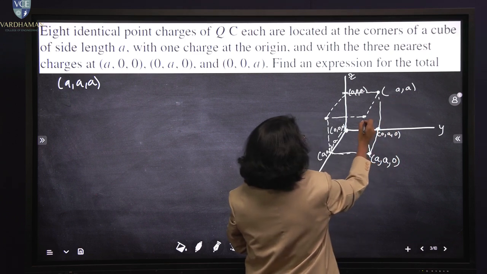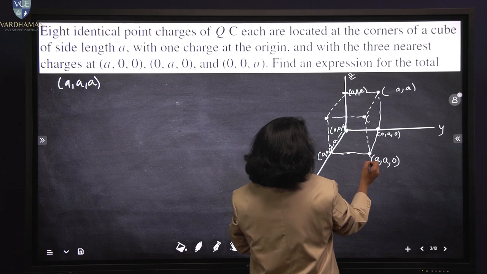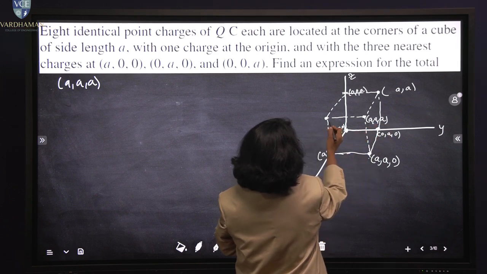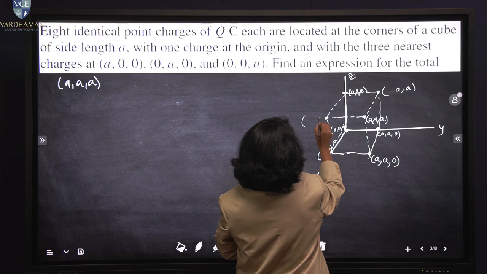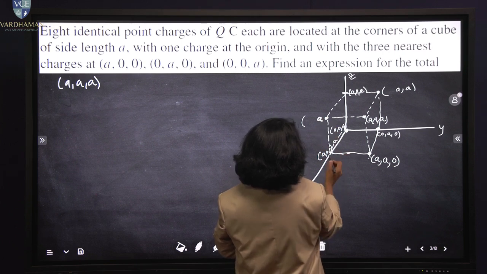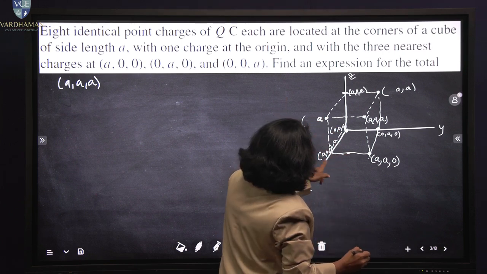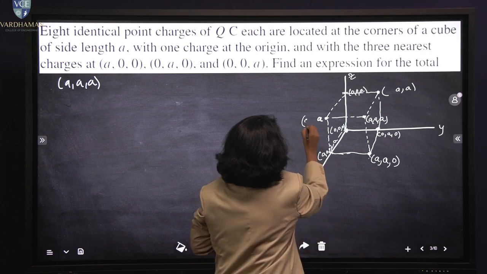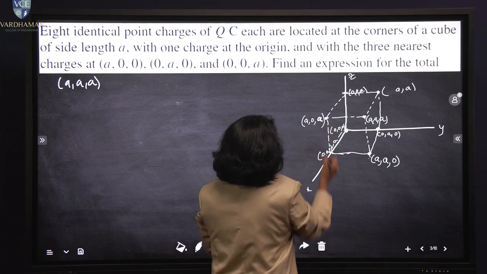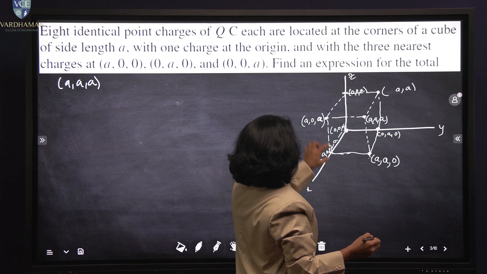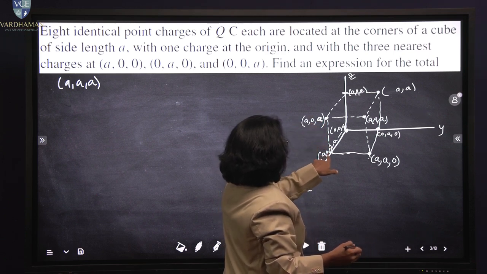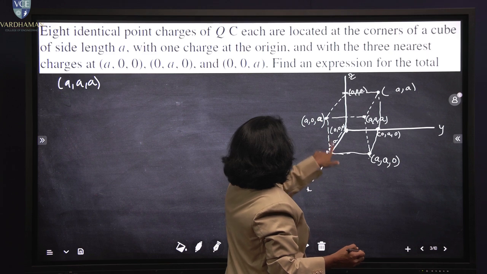Let me write this point first. This is a comma a comma a, and this point is varying in z, but the other two terms remain constant. We are moving a dimension along z, so it is already a comma 0 here, so a comma 0 comma a.